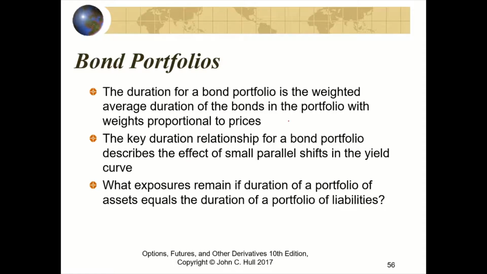I will repeat this again. Assume that a bank has a portfolio of bonds or a portfolio of loans. So these for the bank are considered assets, and the bank, to finance these assets, issued bonds or borrowed from someone else, so it obtained a liability.